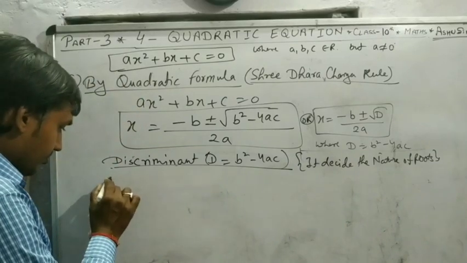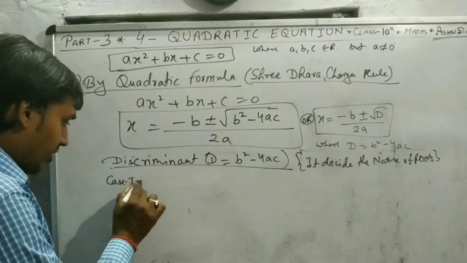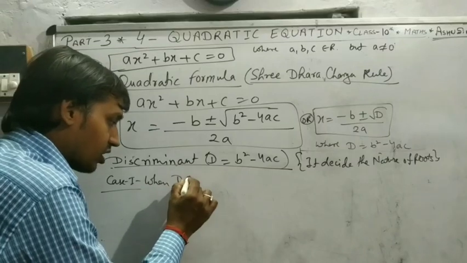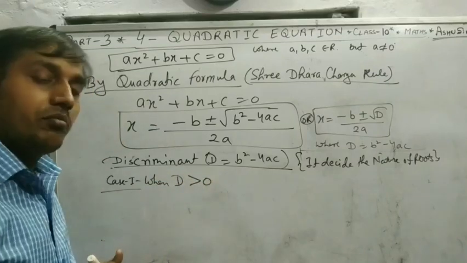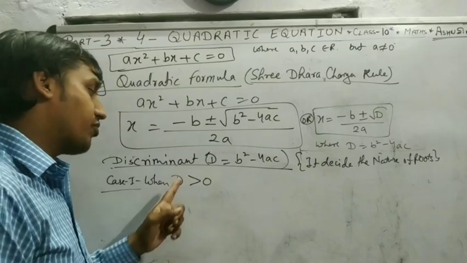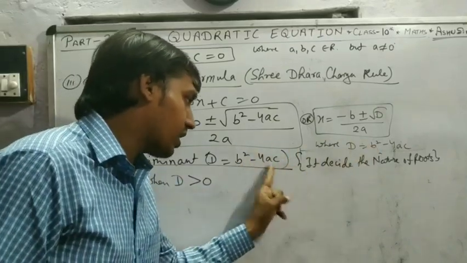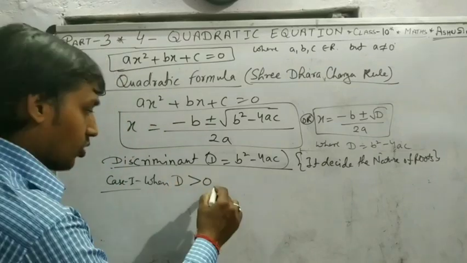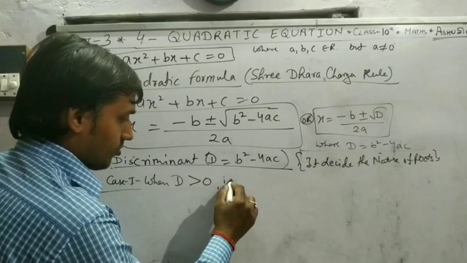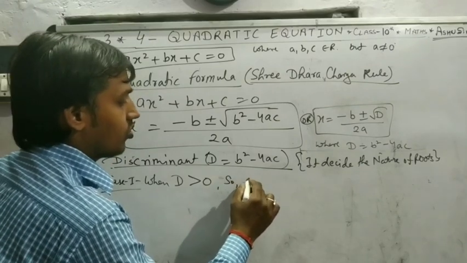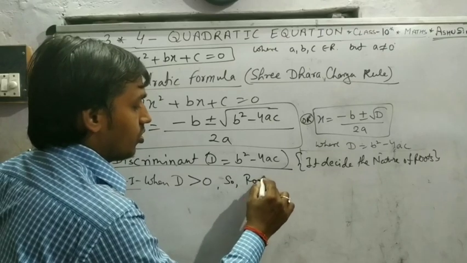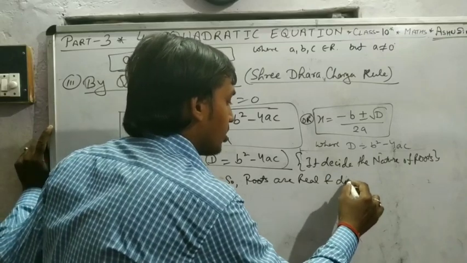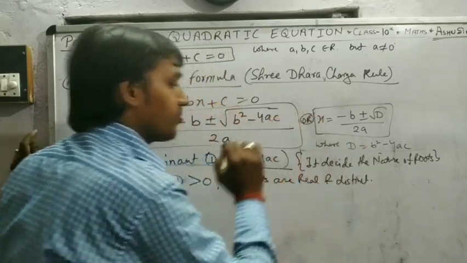First type, case first, when d is greater than 0, means suppose you find the value of d by using the formula b square minus 4ac and d is positive. Greater than 0 means positive. So roots are real and distinct.